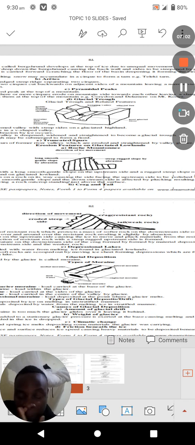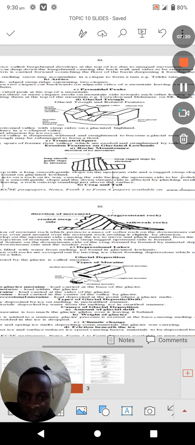We also have erosion features on glaciated lowlands: the roche moutonnee, the crag and tail, and the depression lakes.